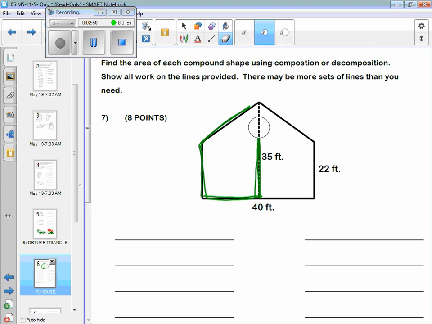So I'm going to show it to you now because you're going to get another house tomorrow to break up. Ready? Who sees the triangle? Karen, come up and break it up.